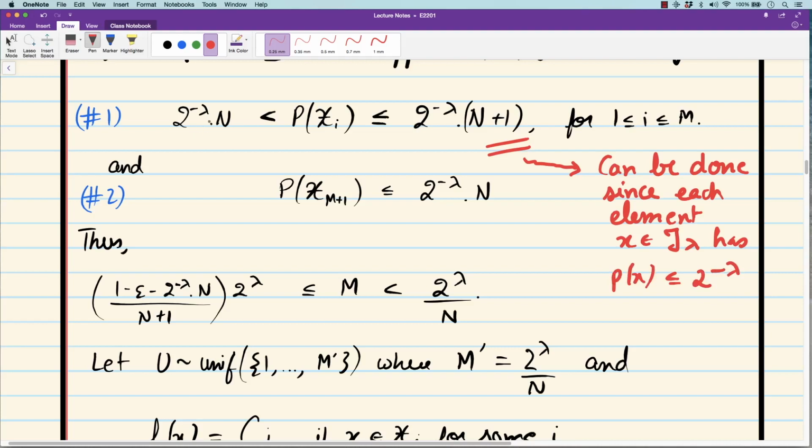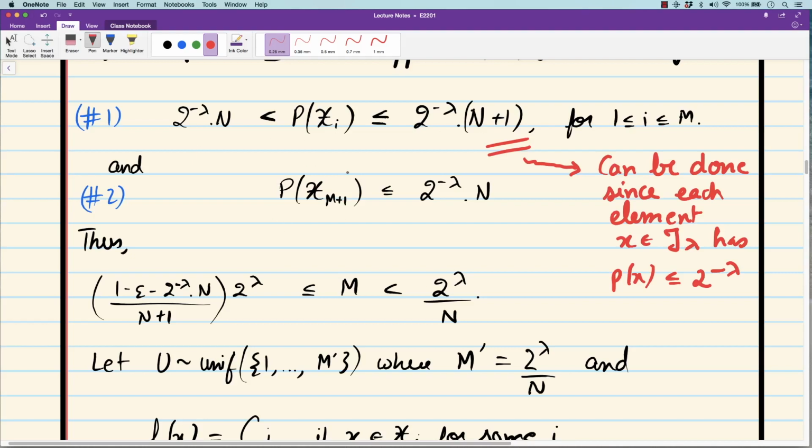So what you can just do is keep on adding one element at a time until you cross this threshold, and look for the first time you cross it. Since each element has probability at most 2 to the power minus lambda, you will find a set which just crosses the threshold and does not cross it by more than 2 to the power minus lambda extra. That's when you stop and take these elements as the first part, and now collect more elements for the second part, and you keep on doing this until you cannot cross the threshold, and the remaining elements form the last part. So first you take m parts and then you have the last part.